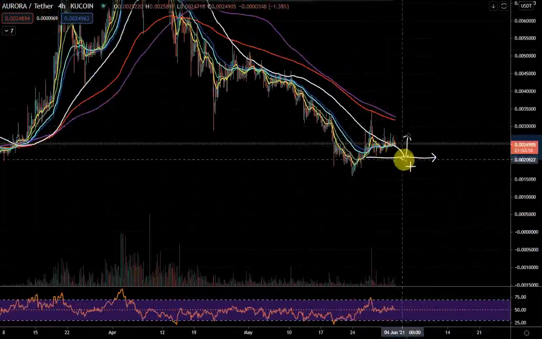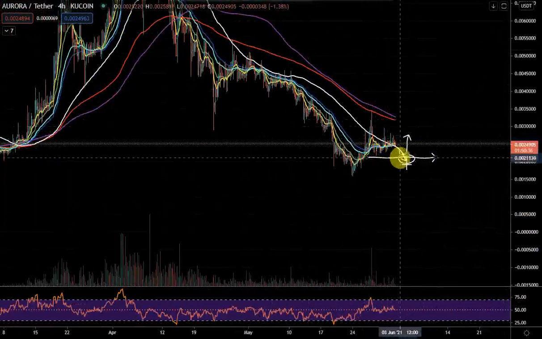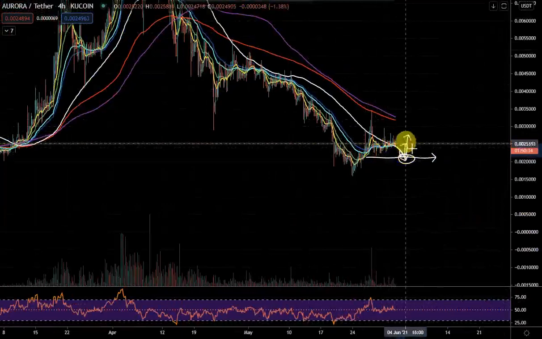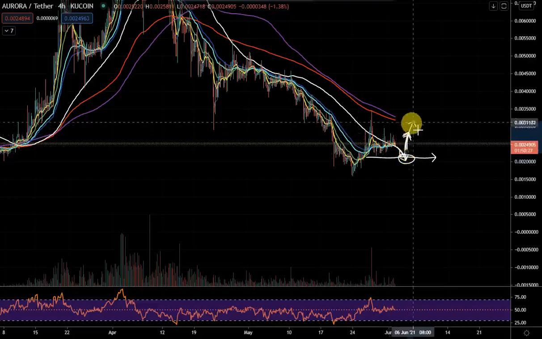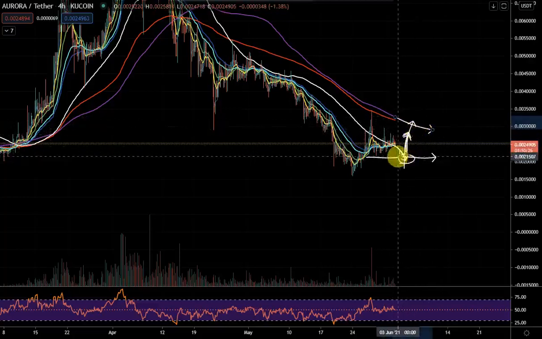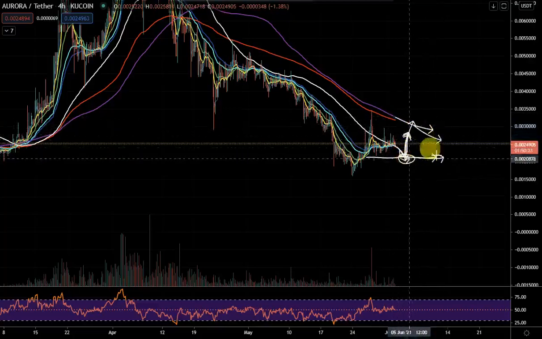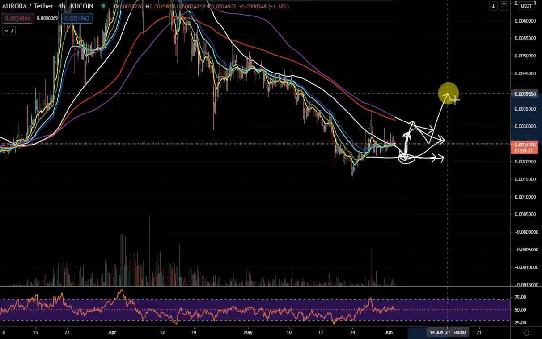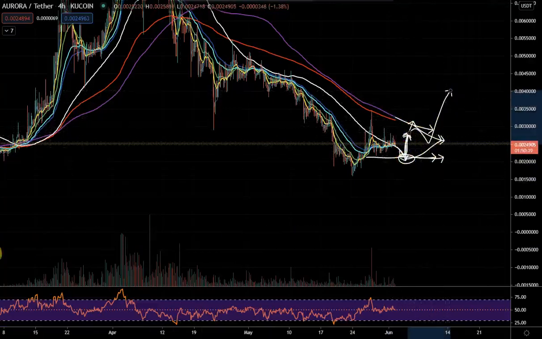Then if we can see some strength as it does that dip, you want to be buying this with a fairly tight stop to see if this can actually move back up into this apex. If the apex manages to hold and the market's bullish enough, then we could see a breakout.